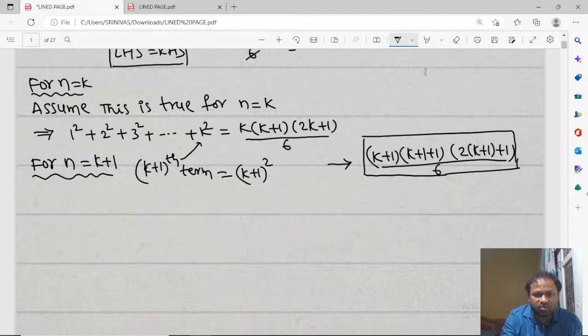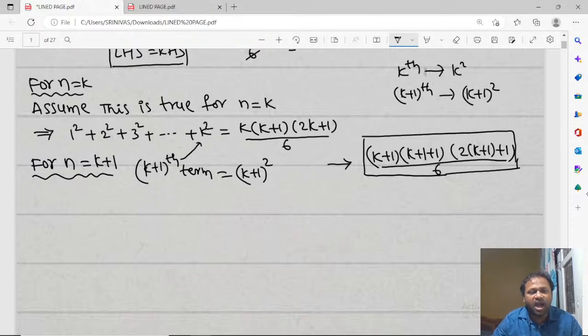K plus 1 whole square. The kth term is k square. The k plus 1th term is k plus 1 whole square. Okay. Now add this to this one. I will add to this. Then what we get?